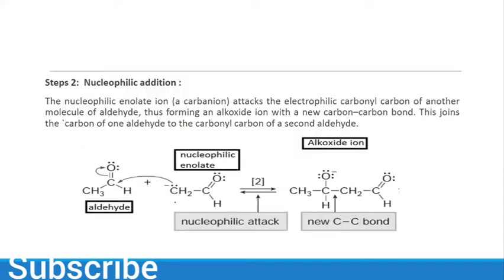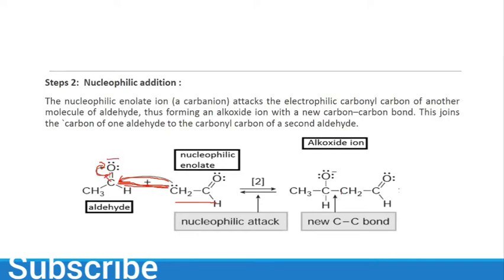This carbanion from our previous reaction will attack the other molecule of aldehyde on its carbonyl group. Then we have a new carbon-carbon bond, because of this negative charge, and this oxygen will withdraw its electrons with the breakage of this bond, and we have a negative charge on oxygen.